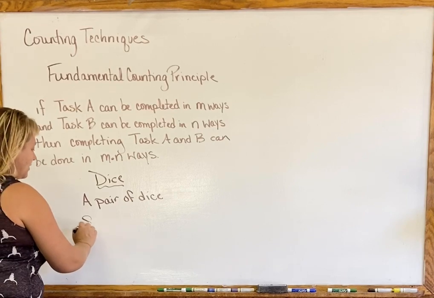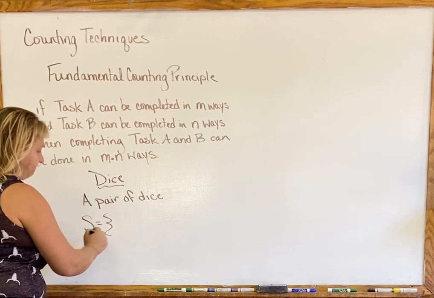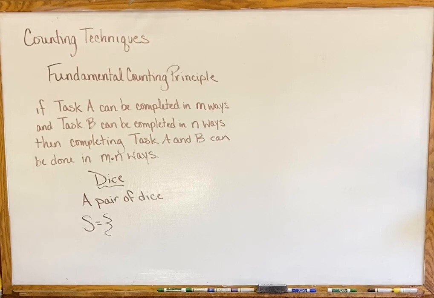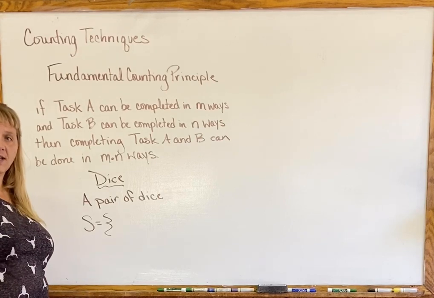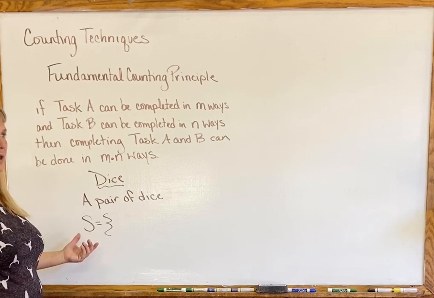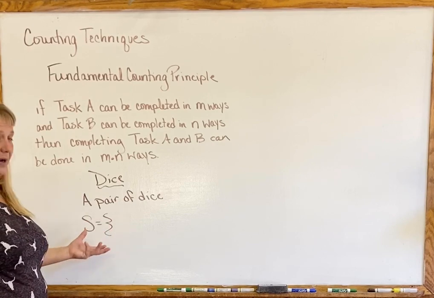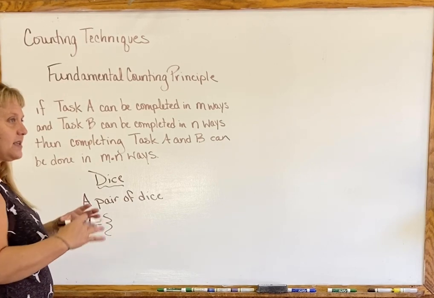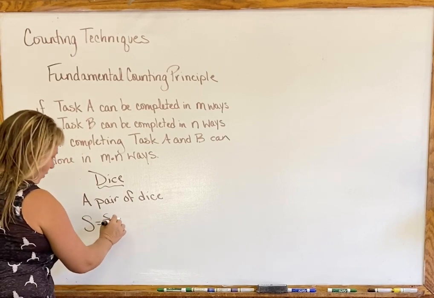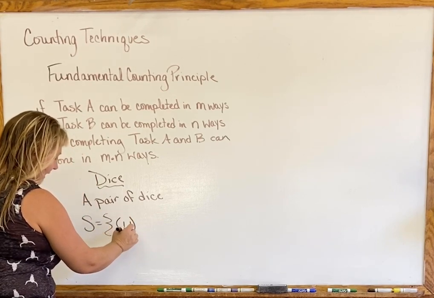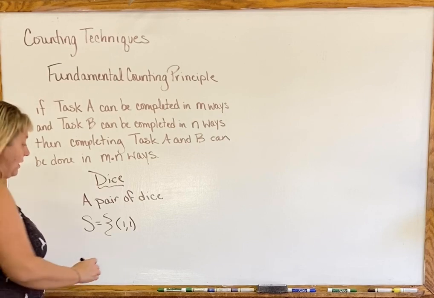And remember when we talked way back about the sample space? Okay. Well, if it was just a single die, our sample space was just 1, 2, 3, 4, 5, 6, right? But now, if we're looking at a pair of dice, our sample space is the actual pairs.